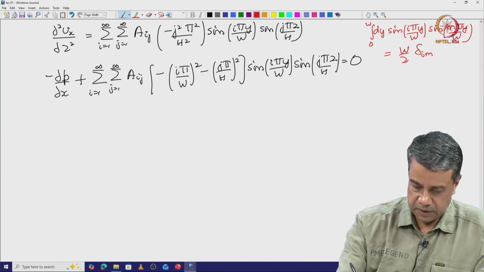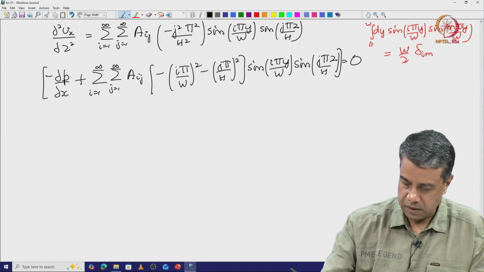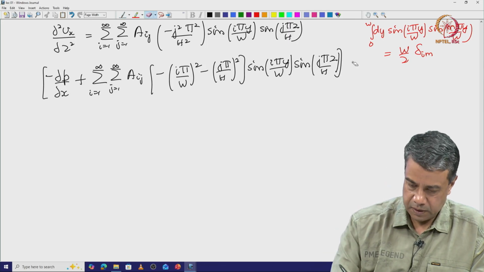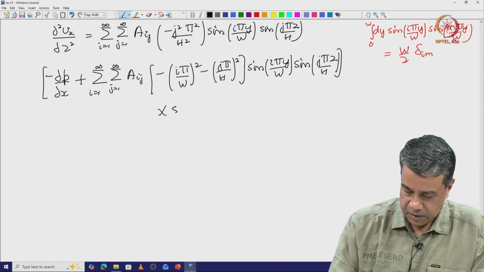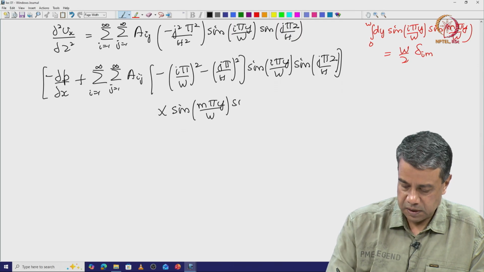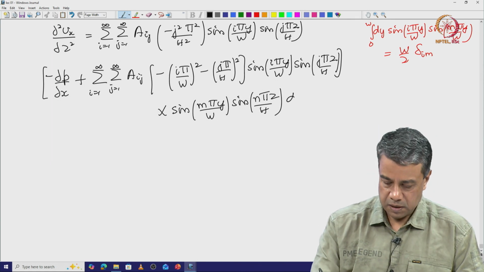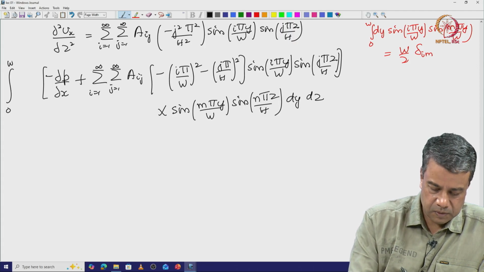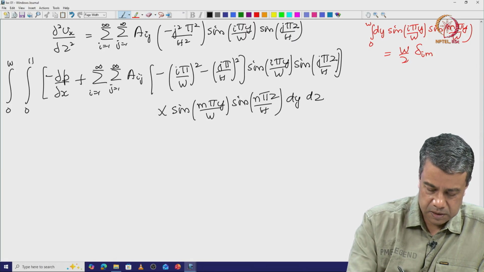This entire equation, what I will do is I will take this entire equation multiplied by sine m pi y by w sine n pi z by h, dy dz, integral between 0 to w dy and integral 0 to h.